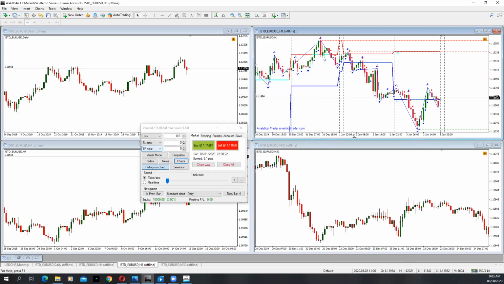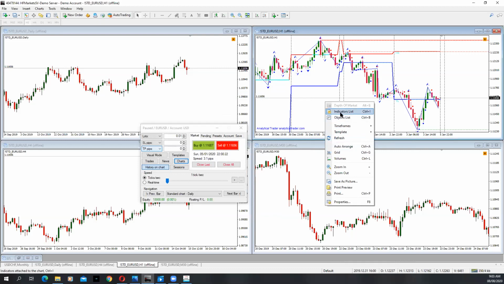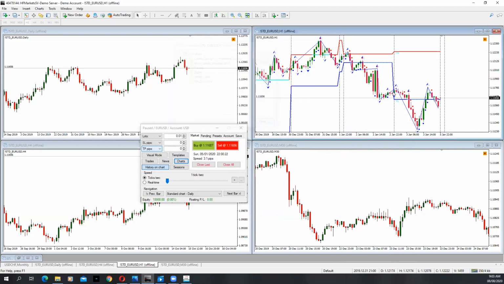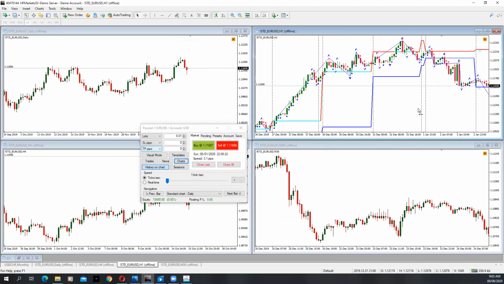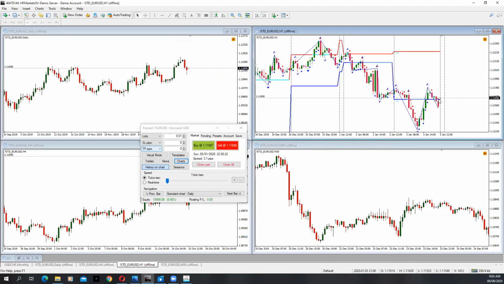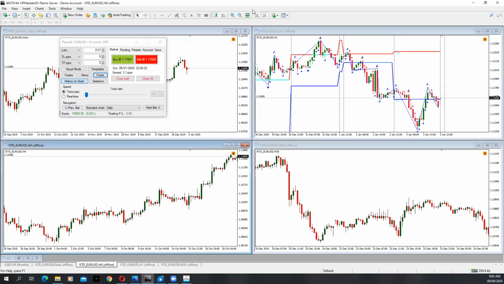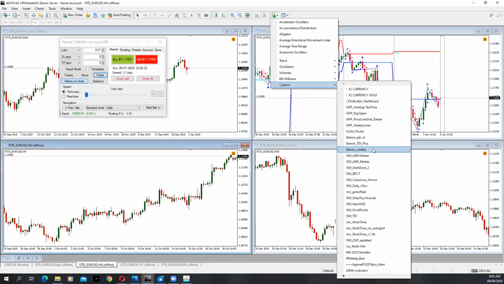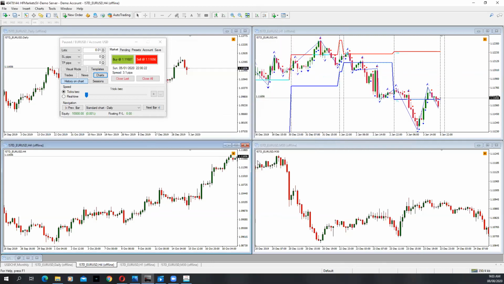So this is showing. Let me go to indicator list and remove the support and resistance too. So as you can see, this one is showing. So you could use this to run your test. But I have no idea why this other one is not showing.